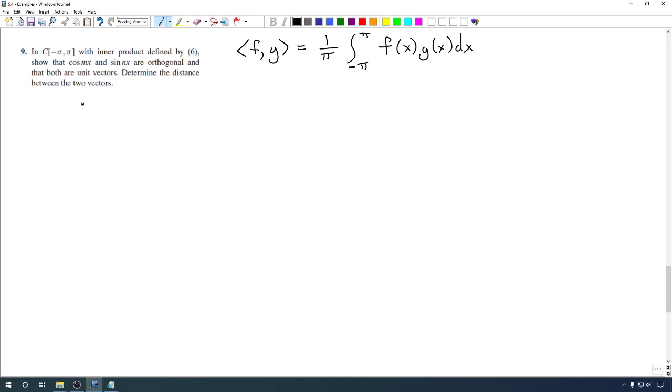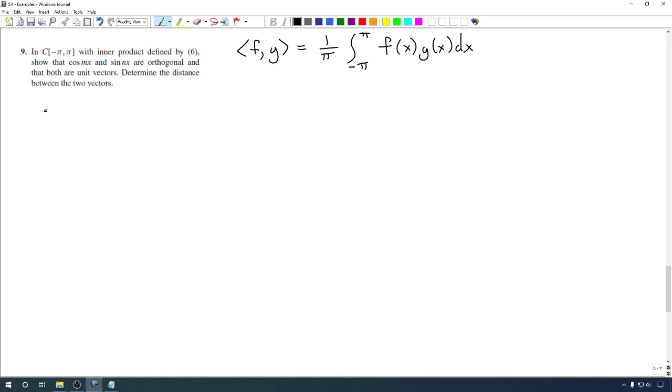We want to show that these two vectors for a fixed m and a fixed n are always going to be orthogonal to each other and are always unit vectors. Hence the 1 over pi is here to make sure those are unit vectors instead of having pi's pop up in our formulas. So we need to show they're orthogonal.